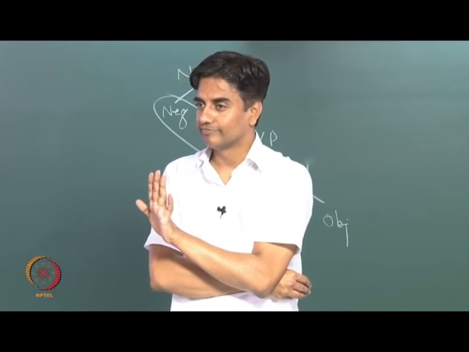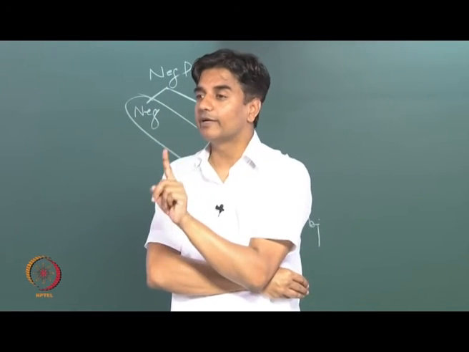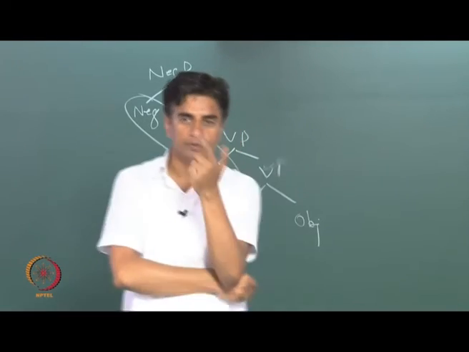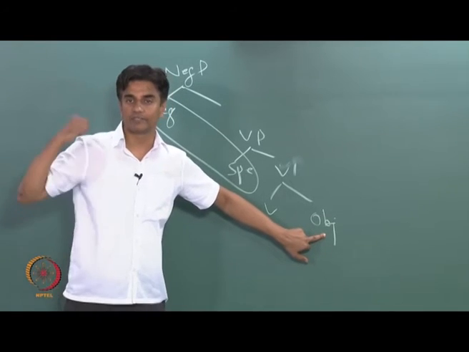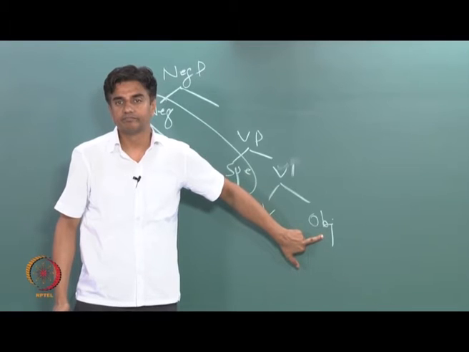Get this point? When the negative polarity item does not need to move, then there is no problem. For example, imagine you have a negative polarity item in object position instead of subject. Then it doesn't need to move right away.